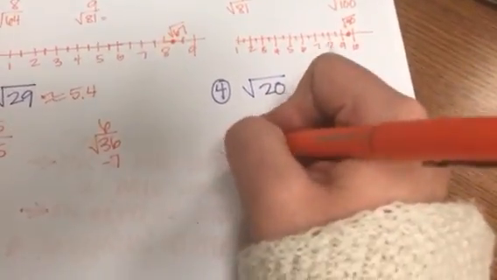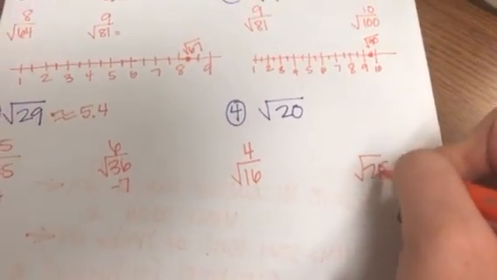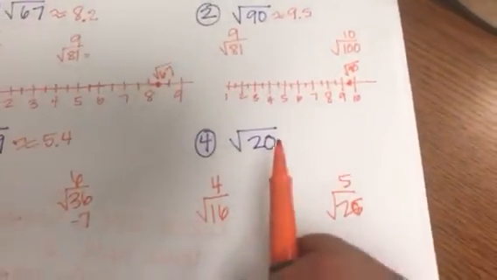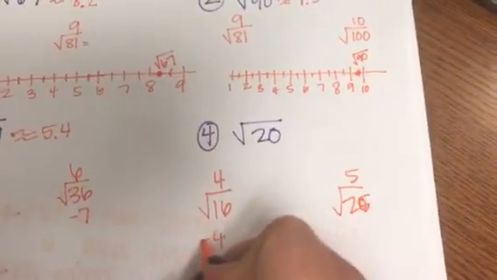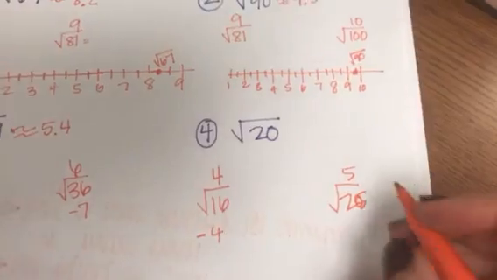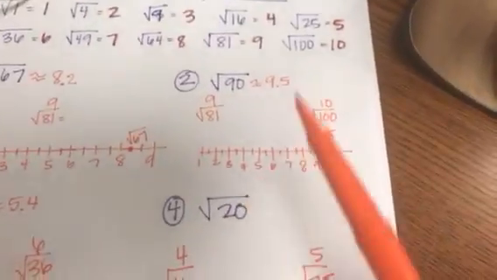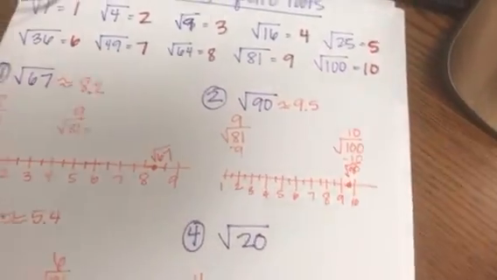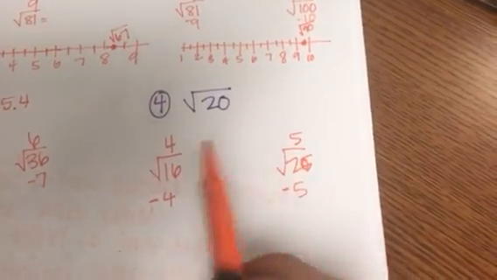So the square root of 20 is 4 away from 16, and it is 5 away from 25. This one's going to be very similar to the square root of 90, where they had the difference of 9 and the difference of 10. So I would say that the square root of 20 would fall pretty much right in between.